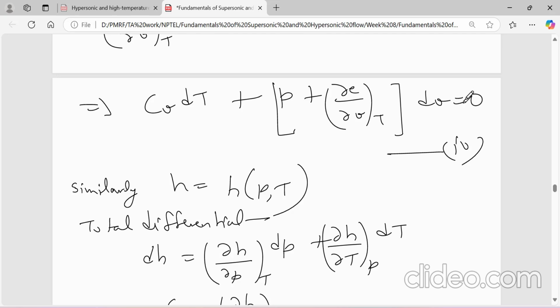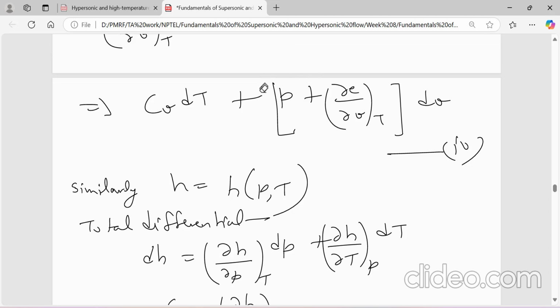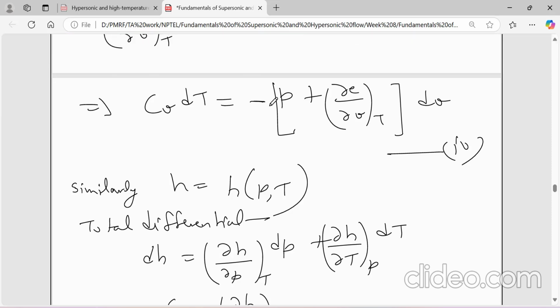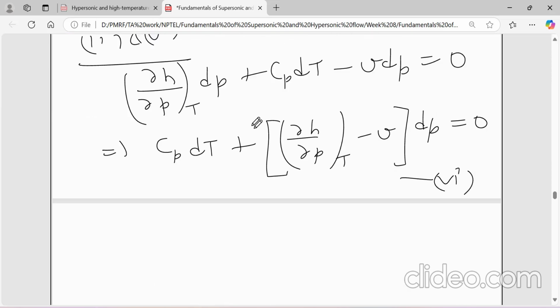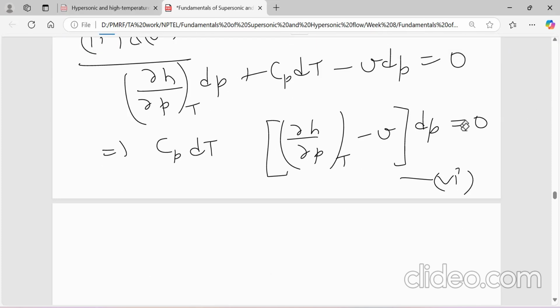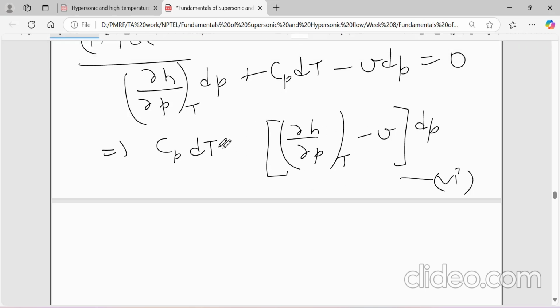If we take this term on the right hand side, it will become negative. Similarly, if we take this term also on the right hand side, it also will come negative.